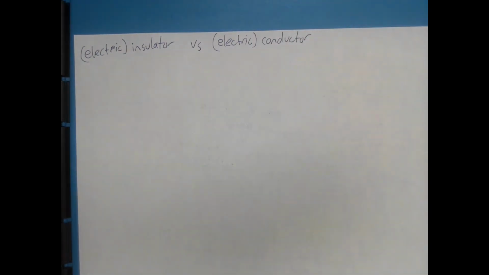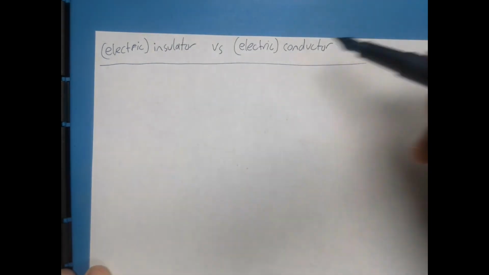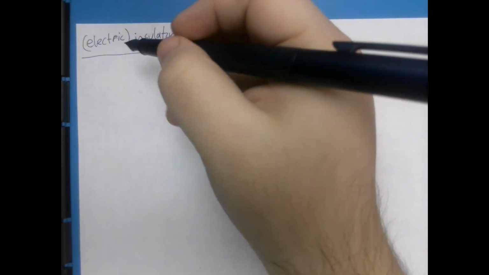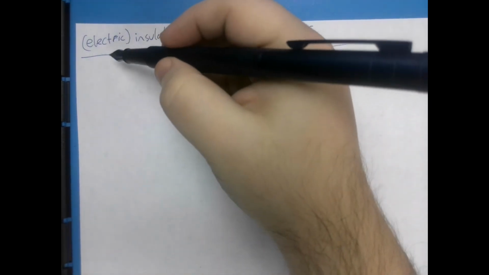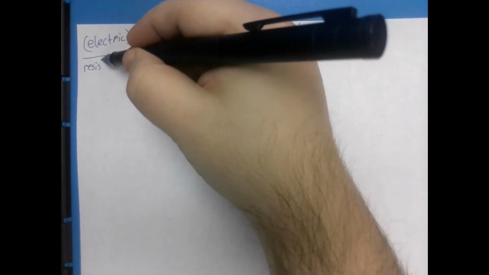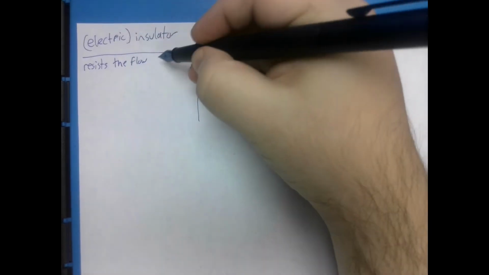So an electric insulator versus an electric conductor. So what's an insulator? And we're referring to electricity or electric in this sense. What's an insulator? So it resists the flow of current.